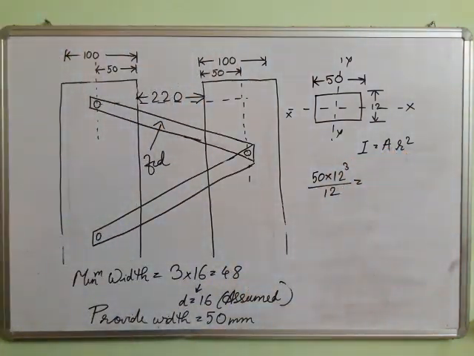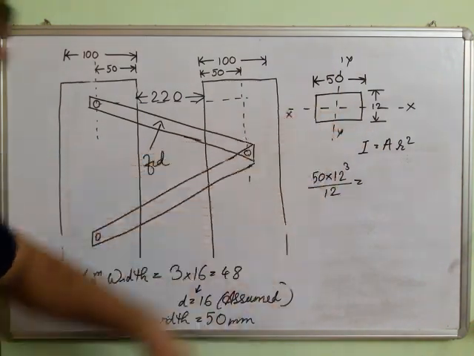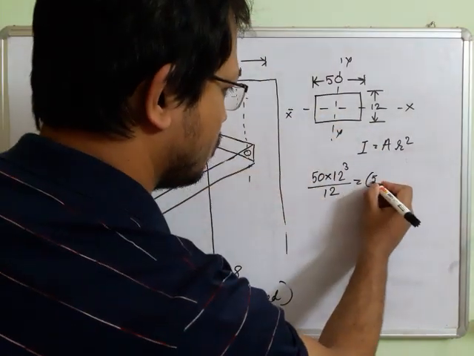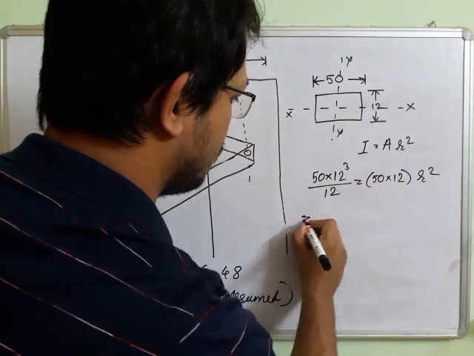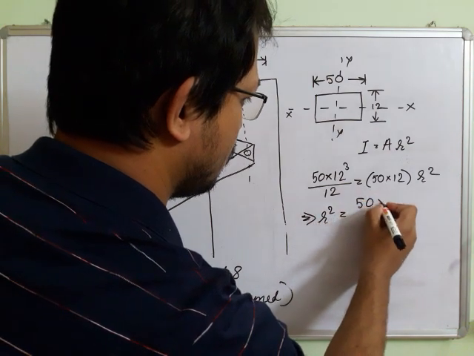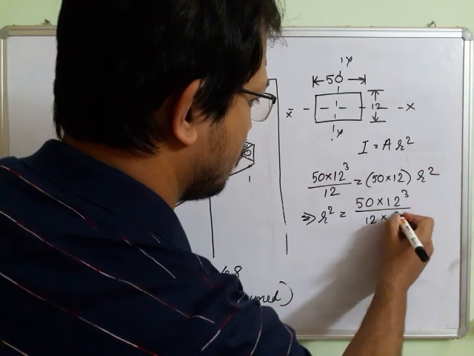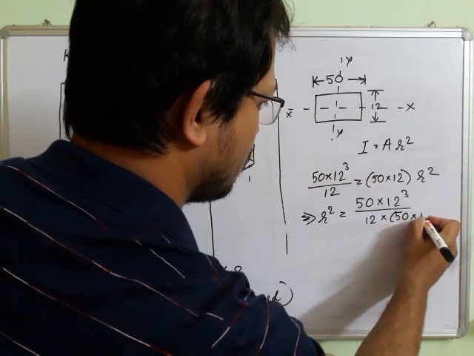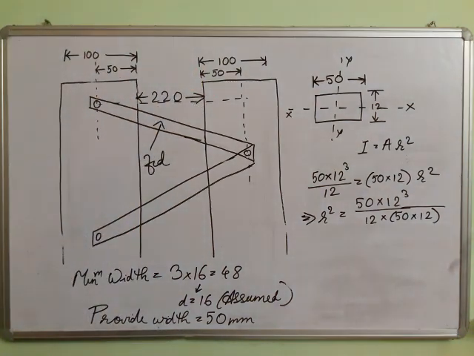Area is which one? Area is this cross section area. It is what? 50 into 12 area. Isn't it? So you calculate it, how much you get.